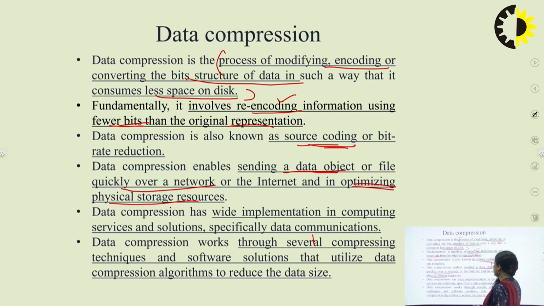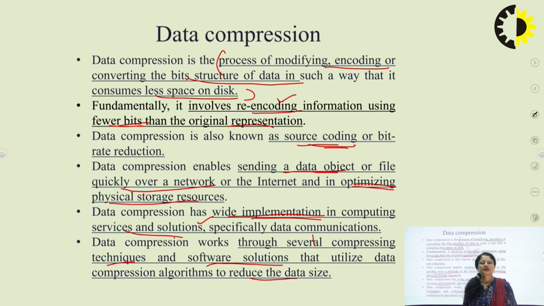From the implementation point of view, data compression has a wide area of implementation in service-oriented or solution-oriented applications. We have several compression techniques and software solutions that utilize various compression algorithms so that ultimately our goal of reducing the data size is achieved.